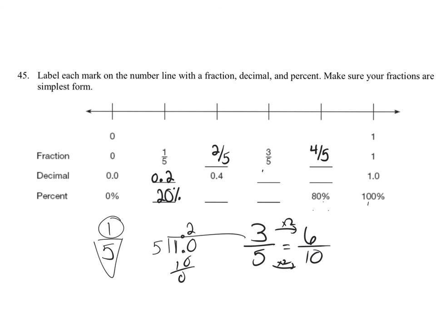So that would give me 0 and 6/10. Okay, and you should see a pattern, 2/10, 4/10, 6/10. So this last one is going to be 8/10 for 80%. And 4/10 here is 40%, and 6/10 is the same thing as 60%.